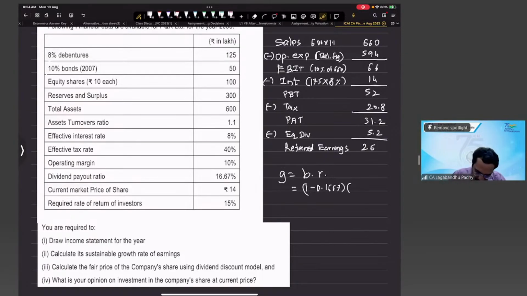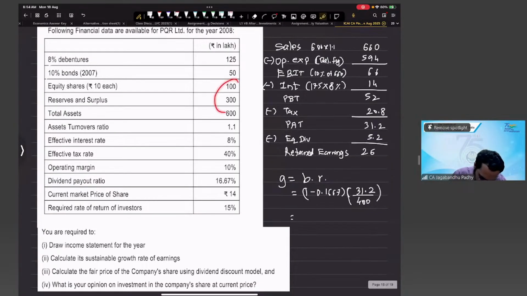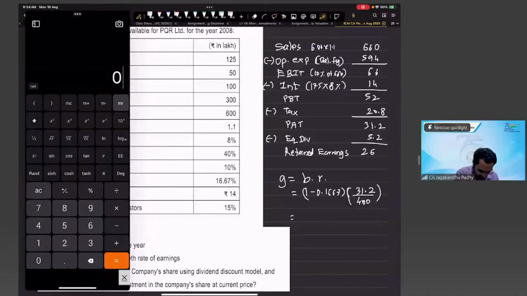this total. So you are essentially earning 31.2 on a net worth of 400, which is 100 plus 300, 400. So 31.2 divided by 400, right?